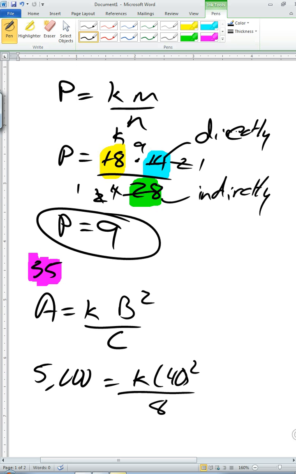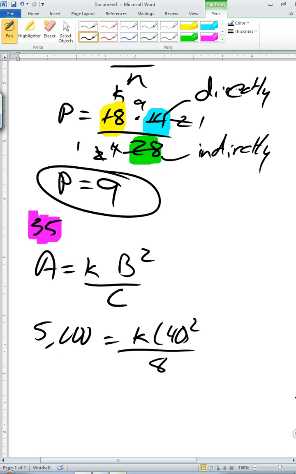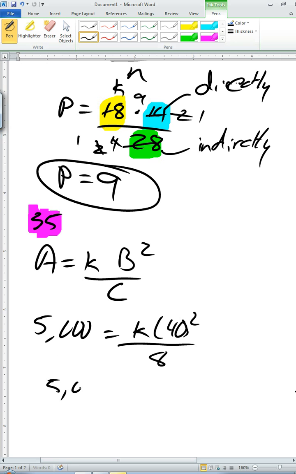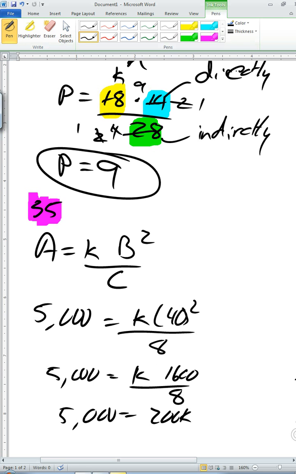So as we go to solve this, we have 5,000 equals K times 1,600 divided by 8. Now if I divide this out, I have 5,000 equals 200K, because 1,600 divided by 8 is going to give me 200.